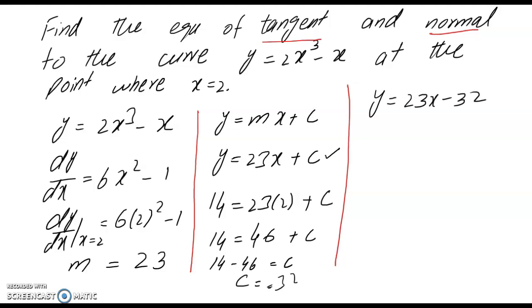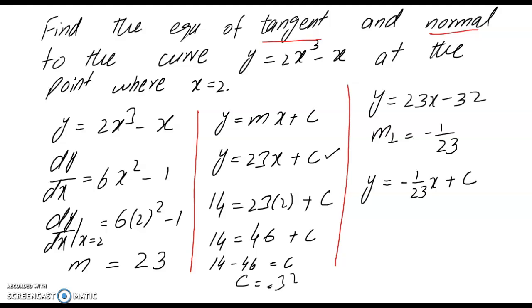Now we're supposed to find the equation of the normal. To find the equation of a normal, as we already discussed, the gradient of a normal will be what? The negative reciprocal of the gradient of the tangent. So if we use the equation of a line, this will be y = negative 1 over 23 x plus c.